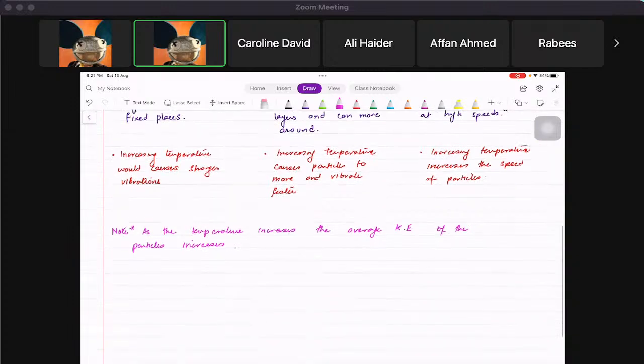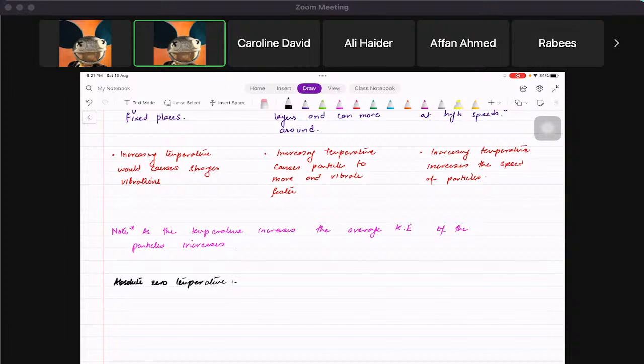Now, what if the temperature decreases? What happens then, right? Of course, we should understand that the speed will decrease, right? But can there be a temperature where the particles might have no kinetic energy left? So there is one, which is called the absolute zero temperature.